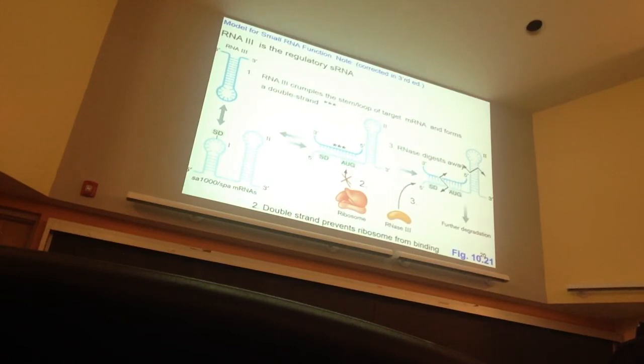And so this is a way these small regulatory RNA molecules, what's in dark blue, can regulate at the level of translation.